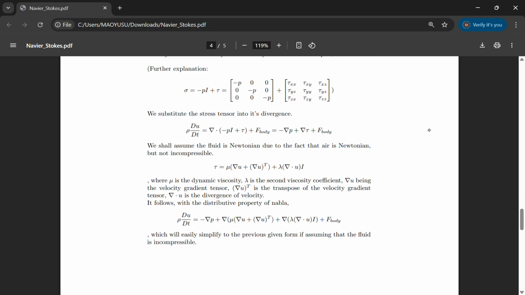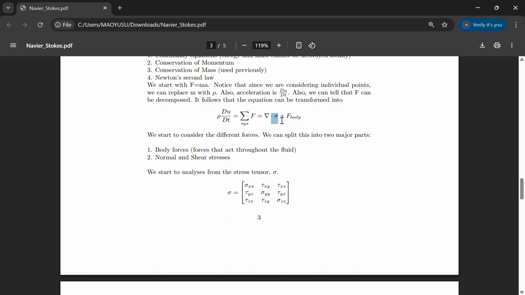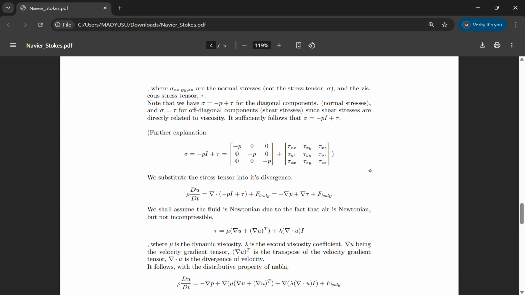So we now just substitute the stress tensor into here. This one's the stress tensor, not the normal stresses. So just substitute negative p I plus tau, and because the divergence operator nabla is distributive, we have negative nabla p plus nabla dot tau.